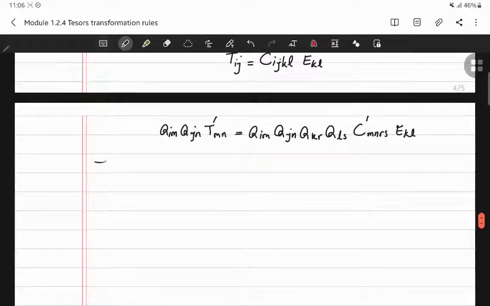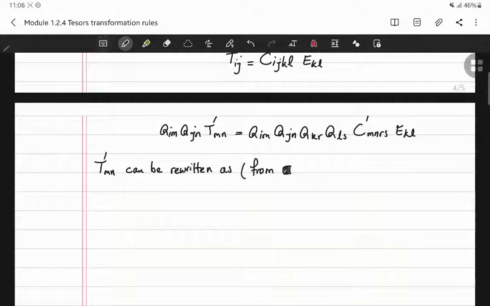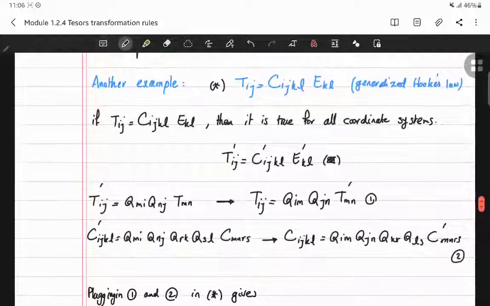So T prime mn can be rewritten as, sorry, from this black square, because we need to change the indices here.